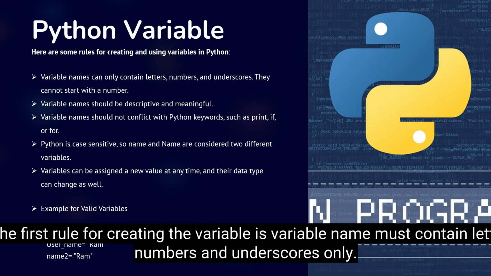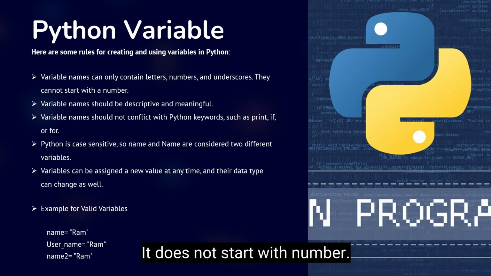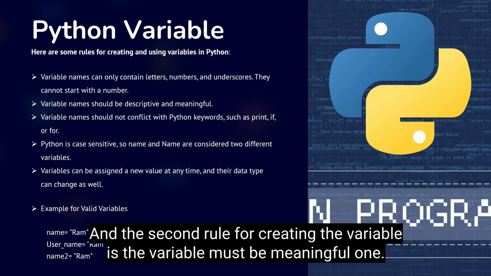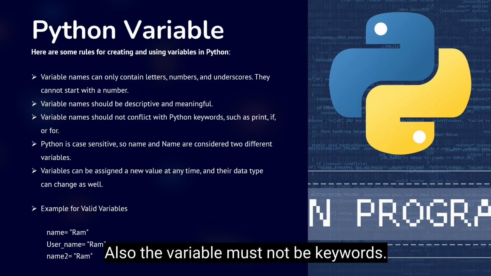The first rule for creating a variable is that the variable name must contain letters, numbers and underscores only. It does not start with a number. The second rule is that the variable must be meaningful. Also, the variable must not be a keyword.